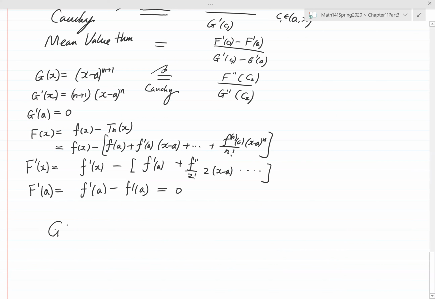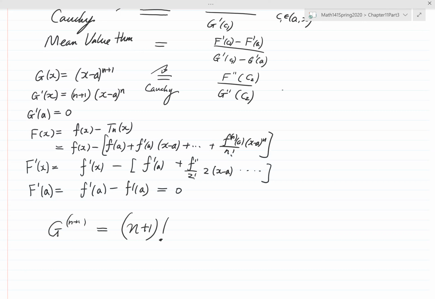So the (n plus 1)th derivative of g gives you (n plus 1) factorial. If you take a higher derivative again, then it vanishes, which is what we don't want. So if you take the (n plus 1)th derivative, then this is the end of the story.